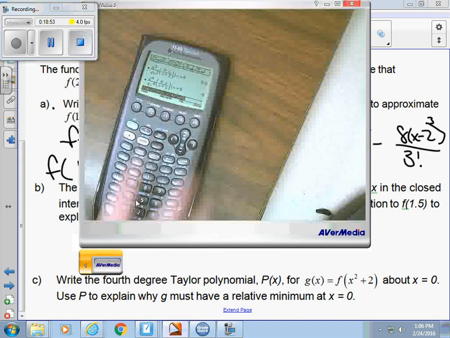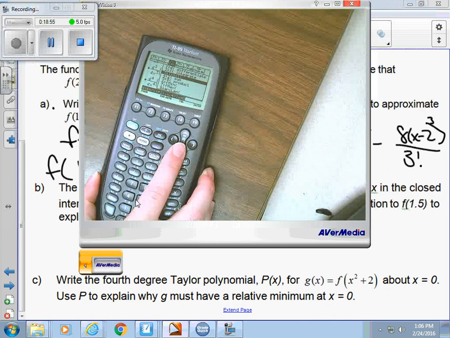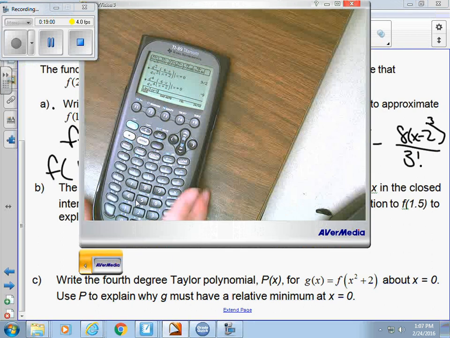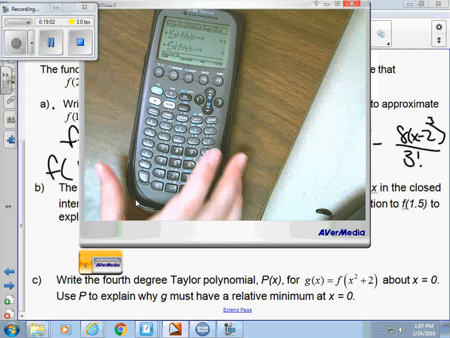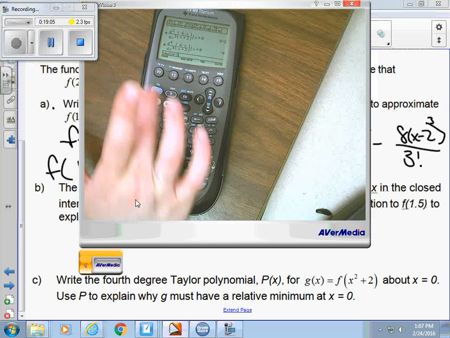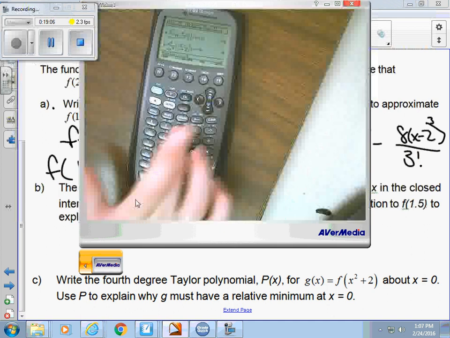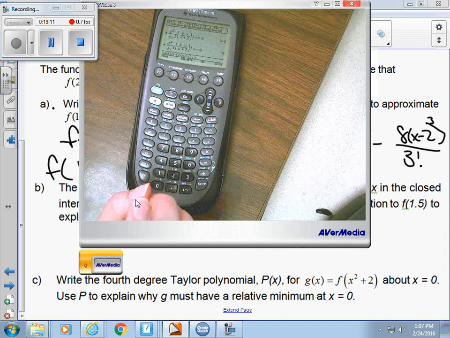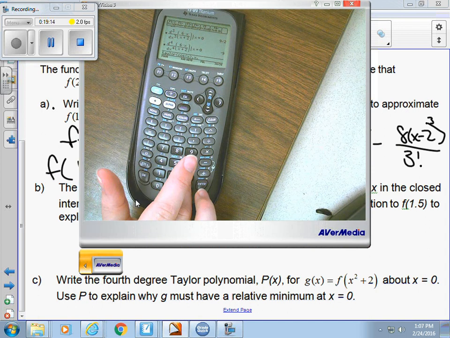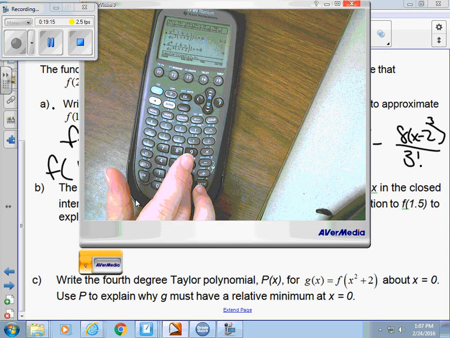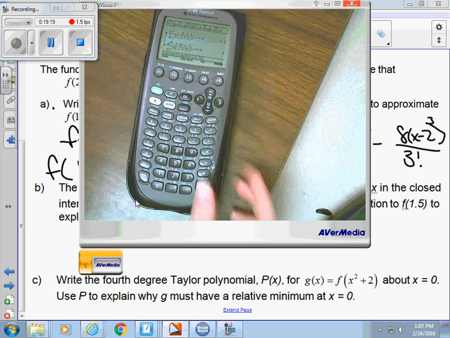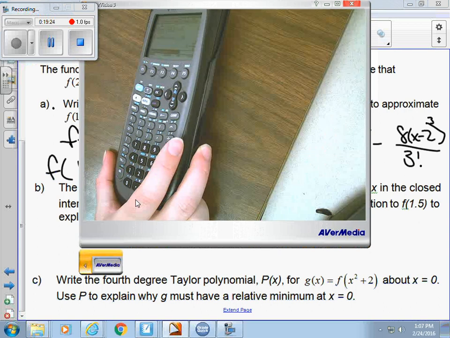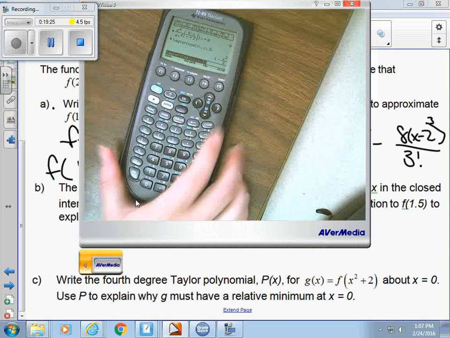This can't be used on this problem, but if you click the Taylor button, say you want the Taylor expansion of cosine of x, comma x, and if you want the third degree or 3 terms, comma 3 would give you the degree, because cosine is.